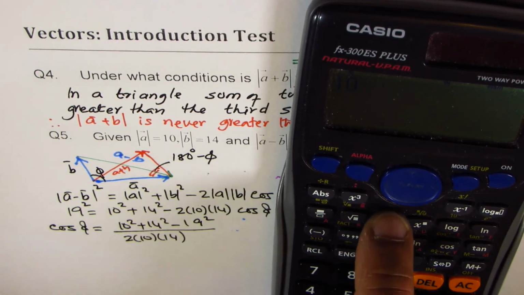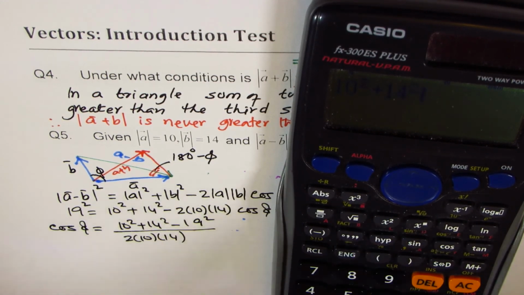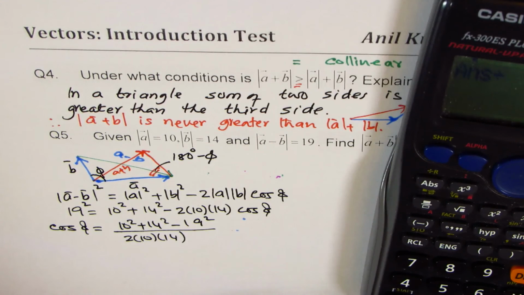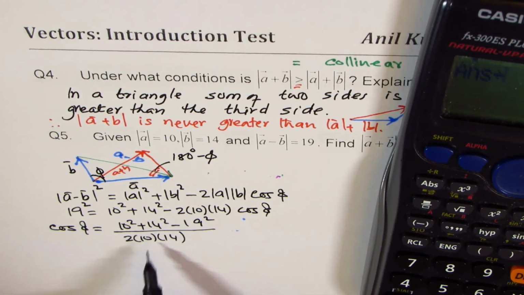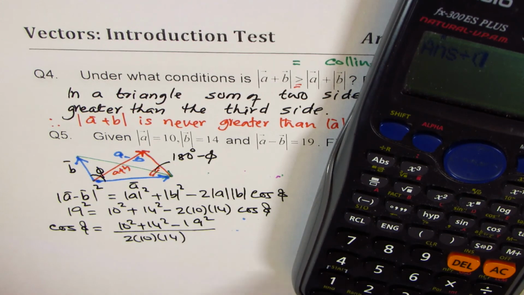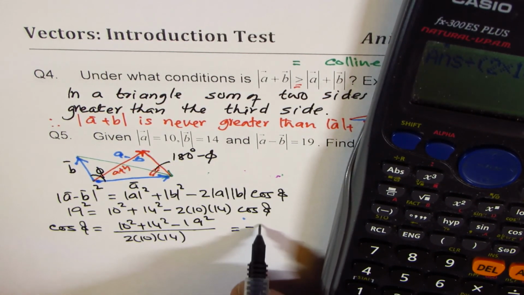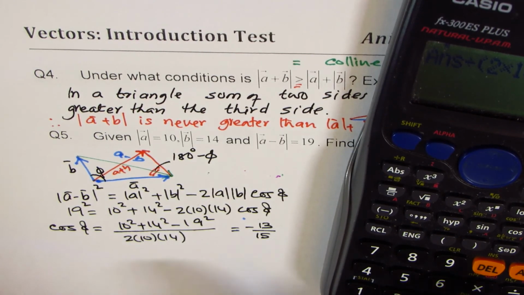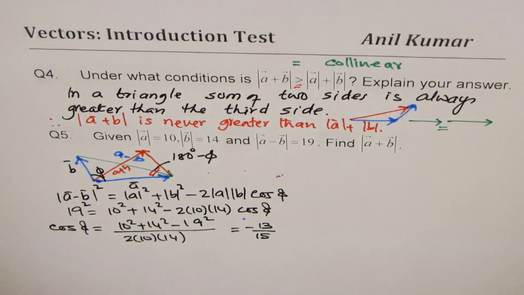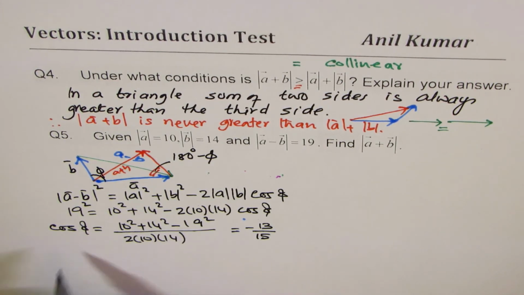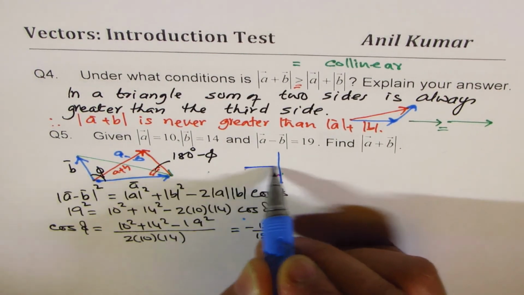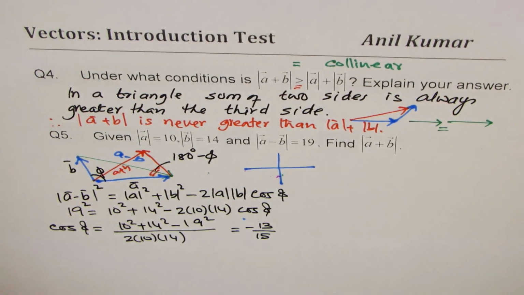That equals negative 13 over 56. Now that clearly means that the angle is in quadrant 2, right? Since we got negative, that means the angle is in quadrant 2.